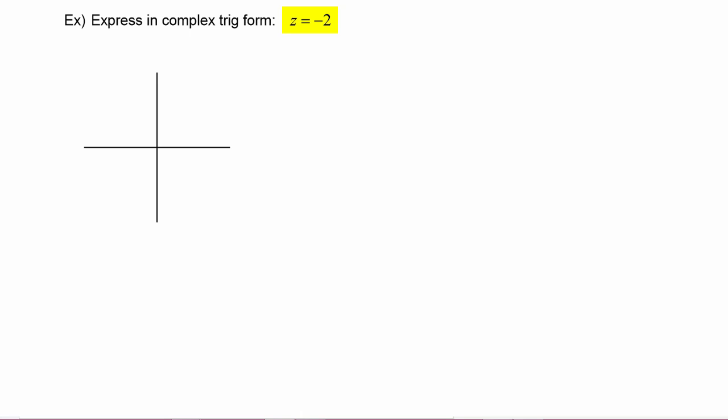We can write this in standard form by setting it equal to -2 plus 0i. So we know that our x value is -2 and our y value is 0. So then here is our vector.